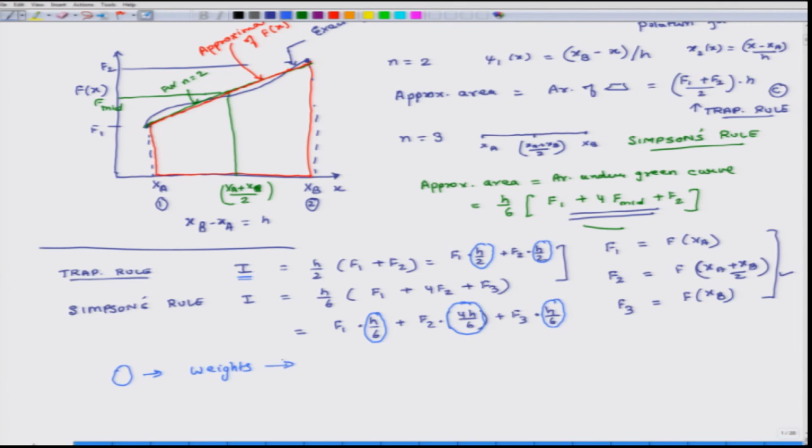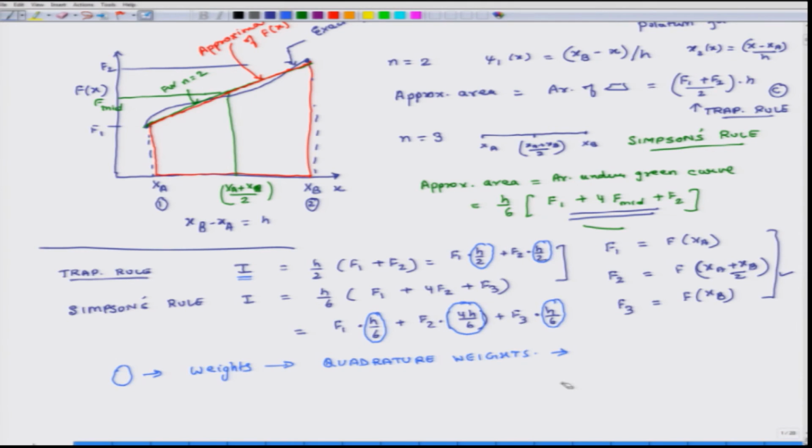And because they are used in quadrature schemes, or numerical integration schemes, they are known as quadrature weights. And let us designate them in general as Wi.